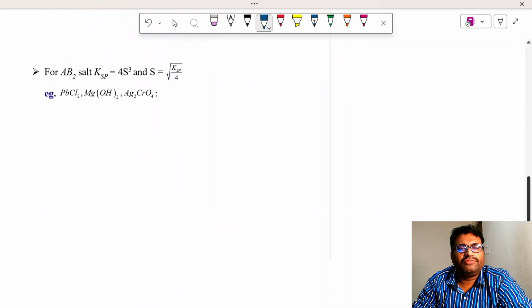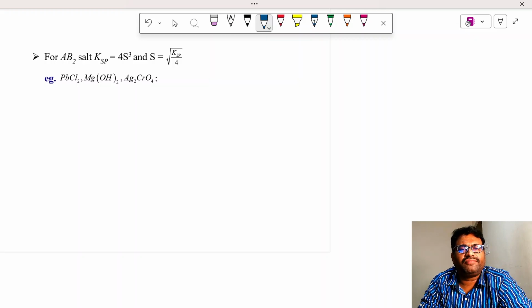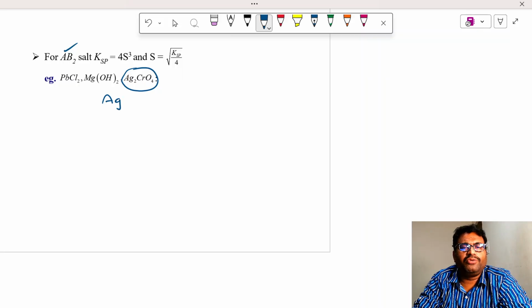Next, coming to the second type of salt. What is that salt? AB2 type of salt. Let us take one example, Ag2CrO4. A2B also you can take.